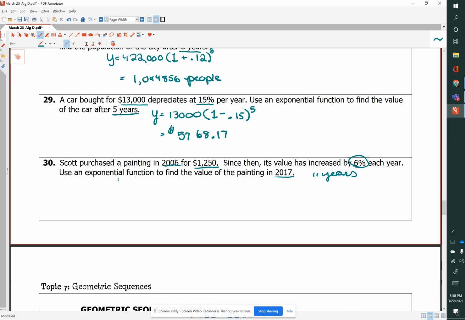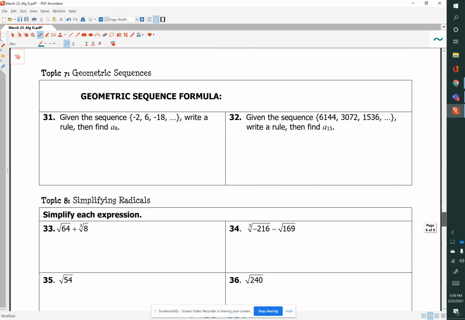So our equation y equals 1,250 times 1 plus 6%, 0.06, raised to 11. When we evaluate that, our answer is $2,372.87.